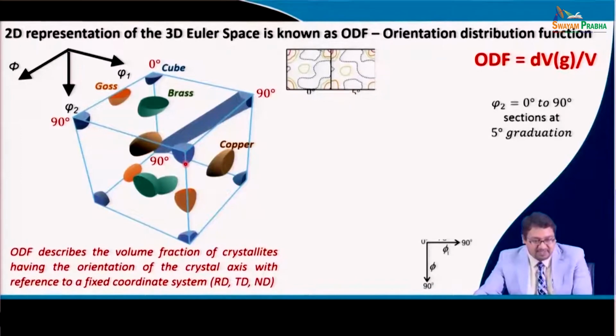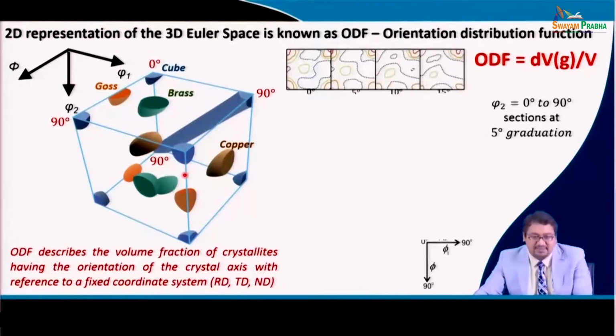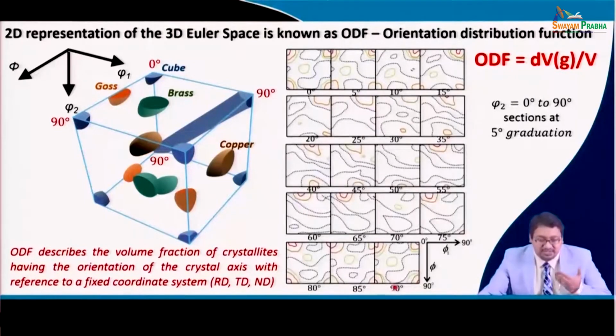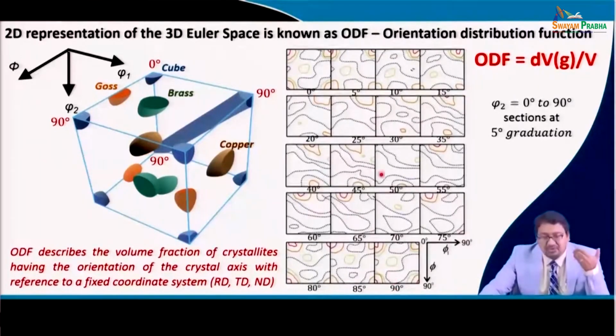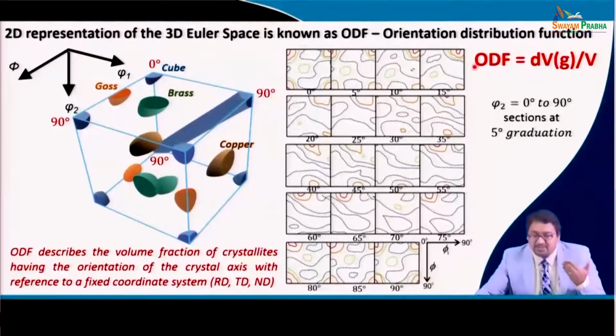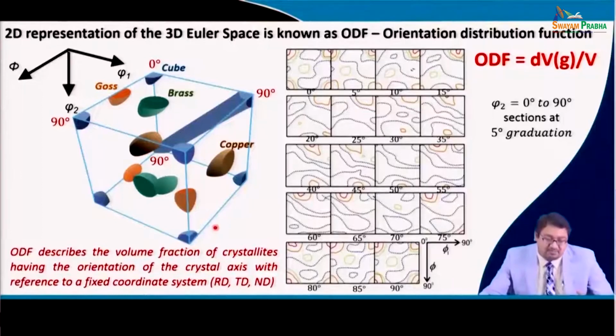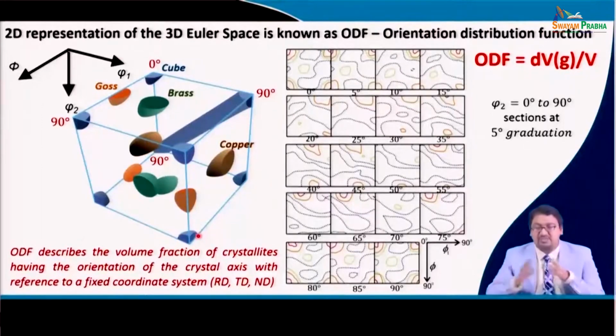So, we are taking 5 degrees, and then we take 10 degrees, 15 degrees and 20 degrees, and like that we take all the sections up to 90 degrees, and thereby we obtain this same information in 2D. But now, you see that it is easier to perceive this information than the information present in 3D.